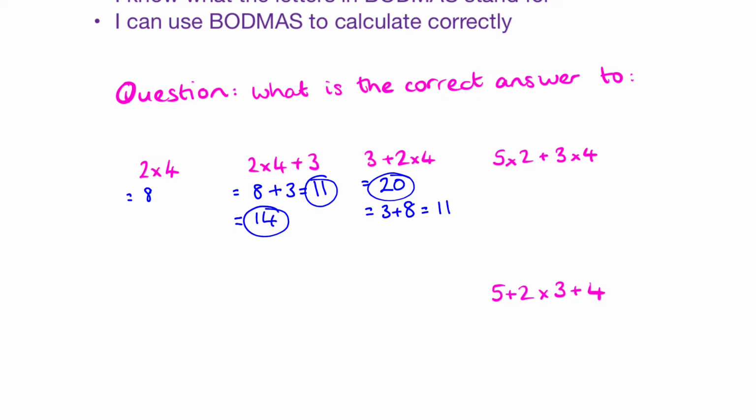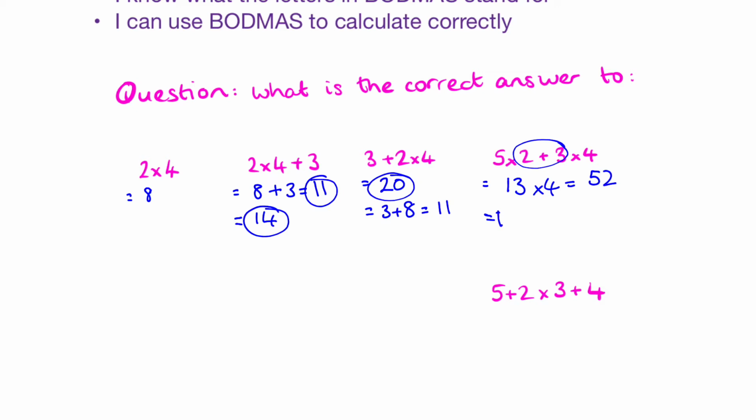So having a look at the next one, 5 times 2 is 10. Add 3, that would make it 13. 13, and then times that by 4 would give us 52. Or we could do it, well, we could just add the 2 and the 3 together, couldn't we? First of all, we could do 5 times 4.